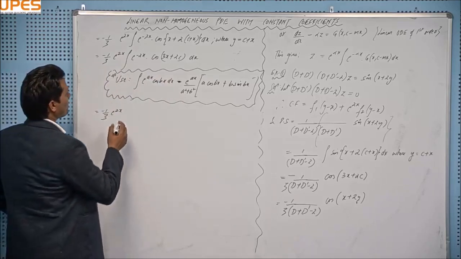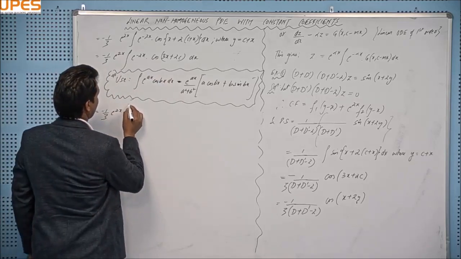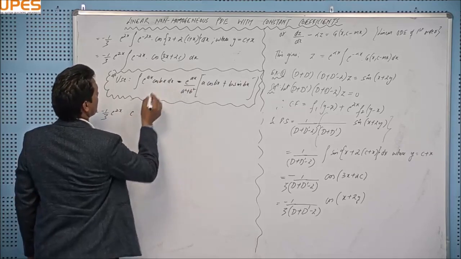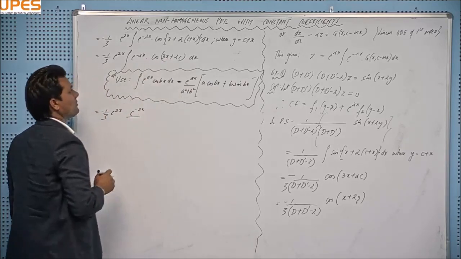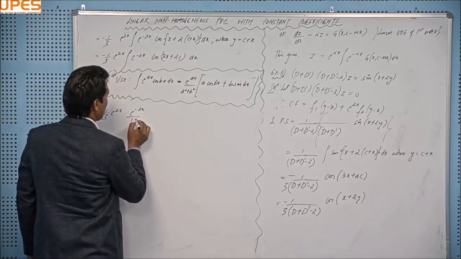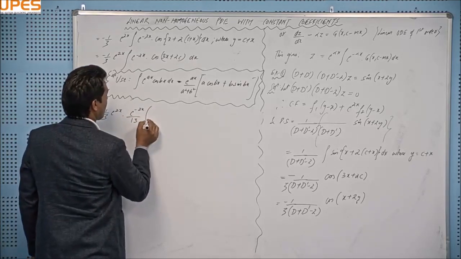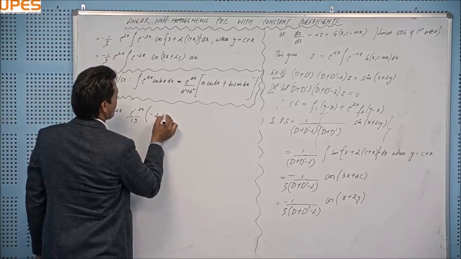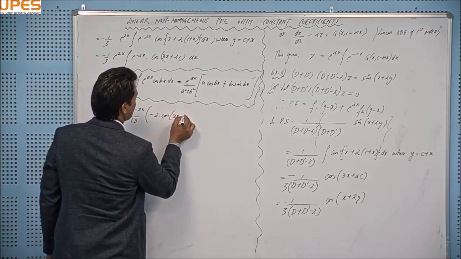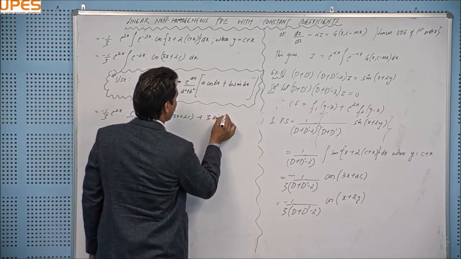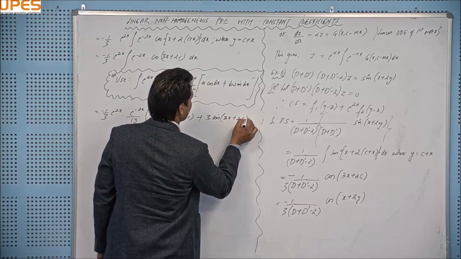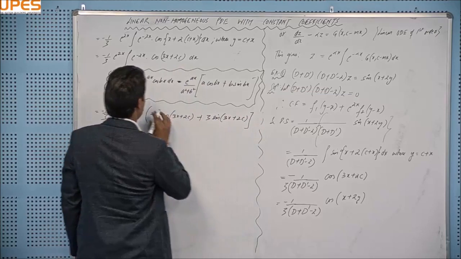Then it will give me e to the power ax, that will be minus 2x, upon 2 square plus 3 square, that will be 9 plus 4, 13, and inside the bracket I will have a, that is minus 2 cos 3x plus 2c, then b, what is b, 3 sin 3x plus 2c.